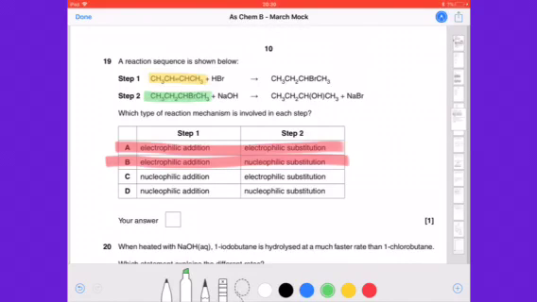And again, haloalkanes only ever undergo two types of reaction, either elimination or nucleophilic substitution. Because your options within the question are either electrophilic substitution or nucleophilic substitution, then there's only one possible answer that you can have, and that answer should be option B.